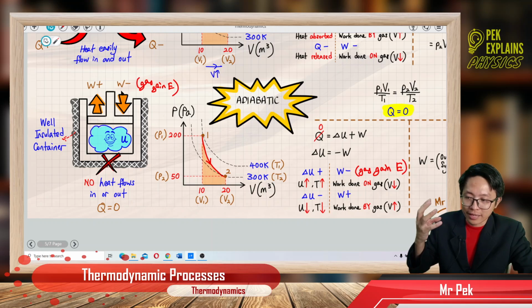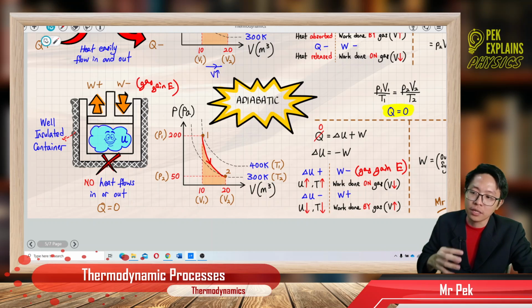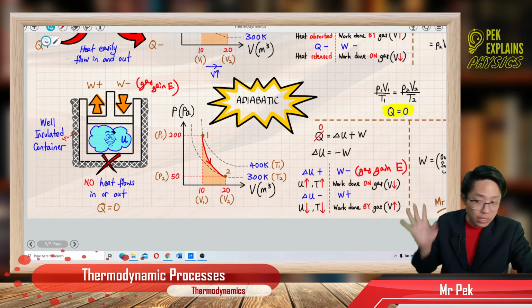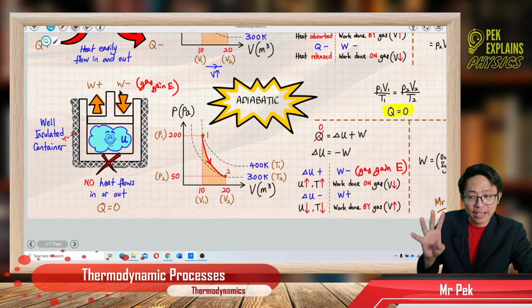But the energy that comes in in the form of work done, where does it go? It's stored inside the gas. It doesn't go anywhere. It doesn't exit in the form of heat because it is well insulated, so heat energy cannot flow out.